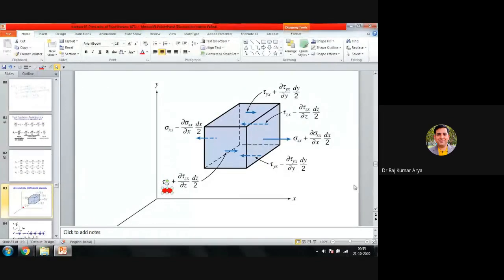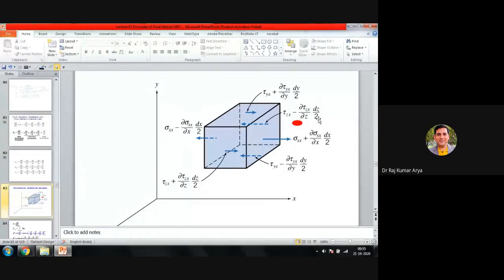If you are going to the front side, that is your plus side. If you are going to the back side, that is your minus side. So this side is minus. Here you have tau zx and minus tau zx, del tau zx upon del z into dz by 2.